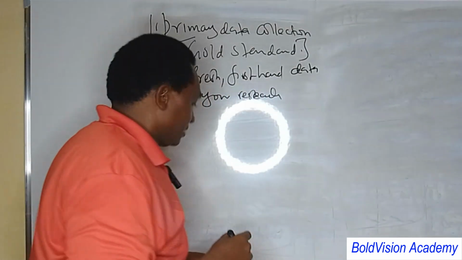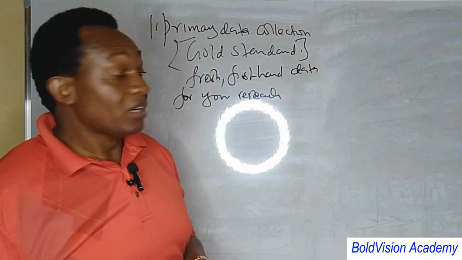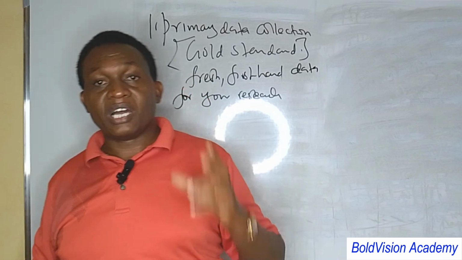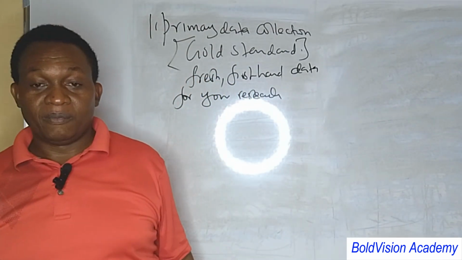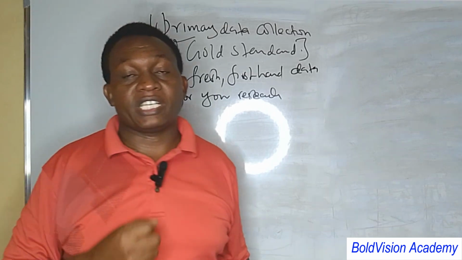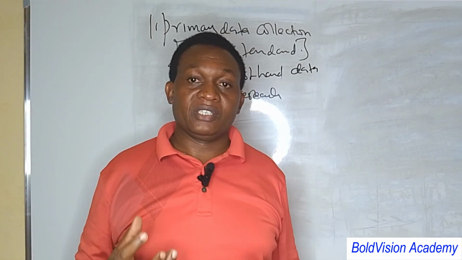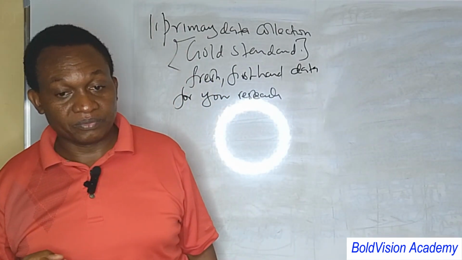That is why it is a gold standard. You get fresh, first-hand data for your research, and therefore your research stands to be more credible, more valid, and very important for anybody who wants to use your findings to solve real problems on the ground.